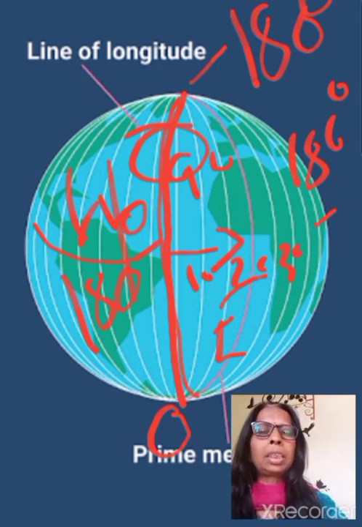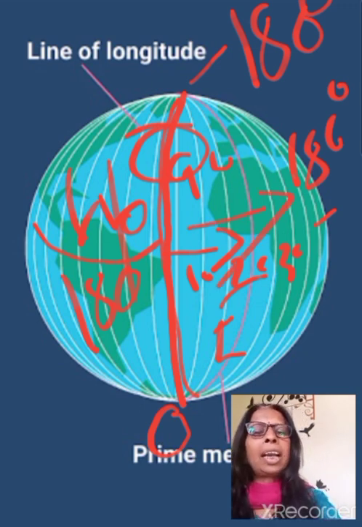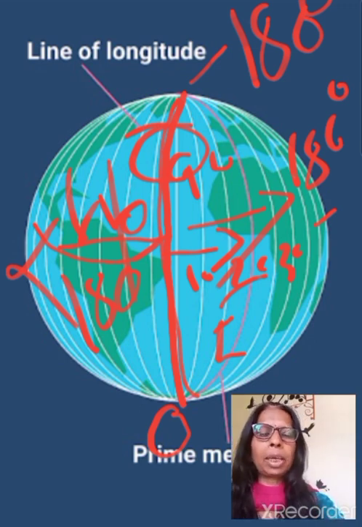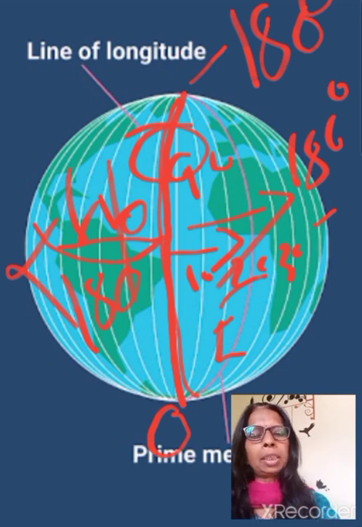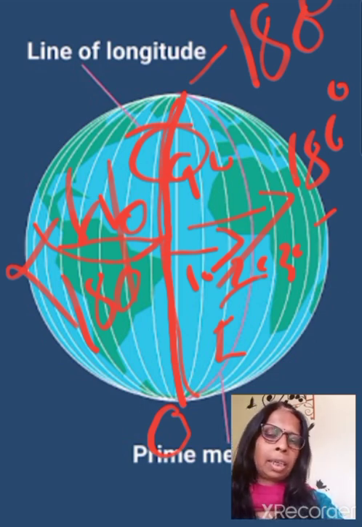And this 0 degree line, which divides the earth into the western hemisphere and the eastern hemisphere, tells you about the time. As you go to the east, the time is ahead, and as you go to the west, the time is behind. Because the sun rises first on the eastern side, the time is ahead there, and as you go to the west, you will find it is behind.